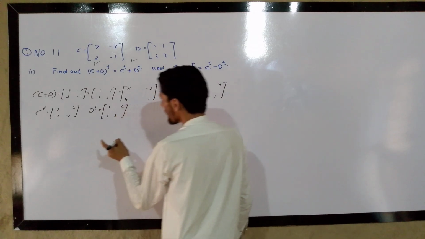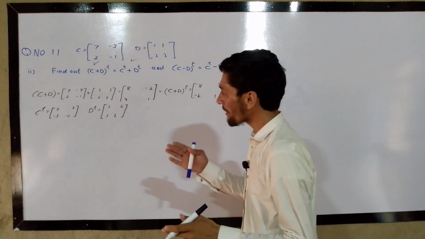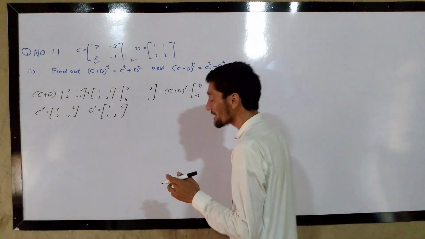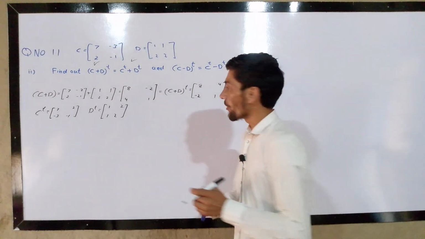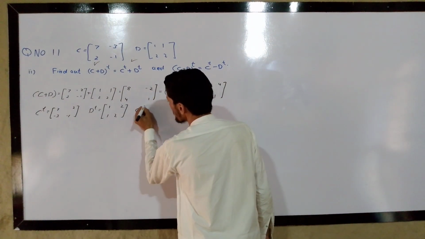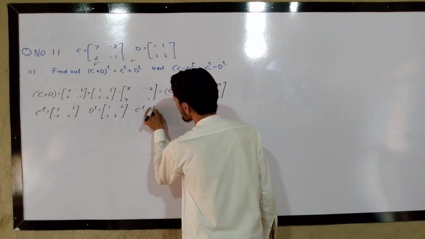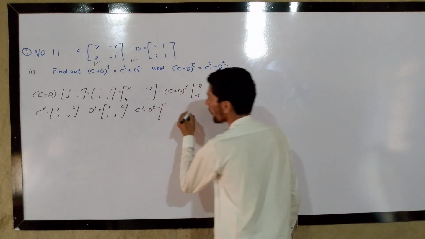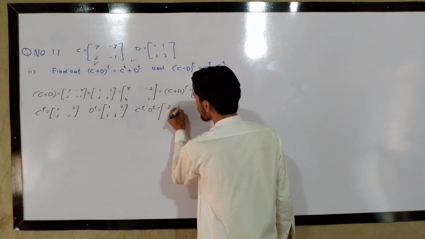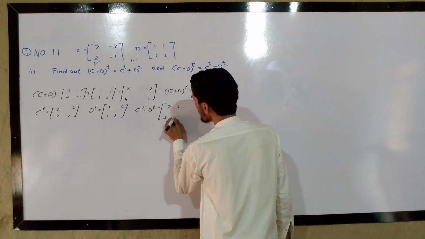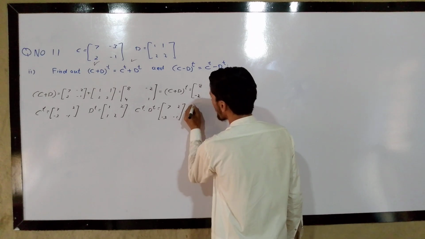Now, taking the addition of the C and D elements. Okay, C transpose plus D transpose is equal to, C transpose is 7, 2, minus 3, minus 1, and here will be a plus sign.